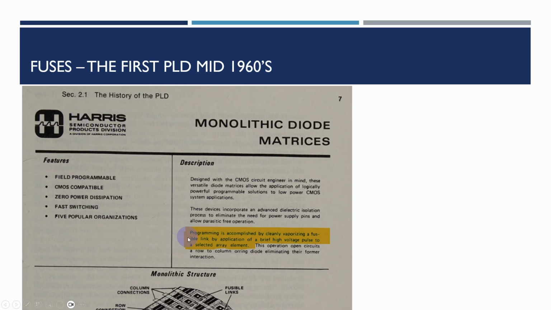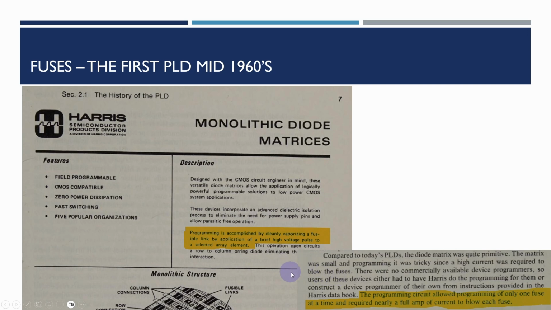You can see here I've highlighted from this extract: programming is accomplished by cleanly vaporizing a fusible link by application of a brief high voltage pulse to a selected array element. You can see in the picture where the fusible links would just get vaporized by the voltage, and the text says that compared to today's PLDs this was quite primitive.